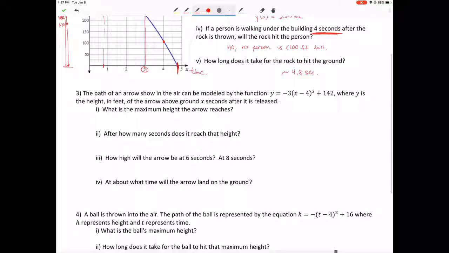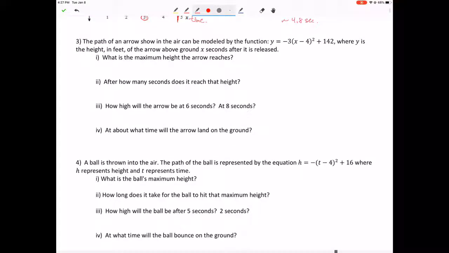Okay, so there is another problem. 3. The path of an arrow can be shown in the air by modeling the function here. Okay, so now they give us a function.